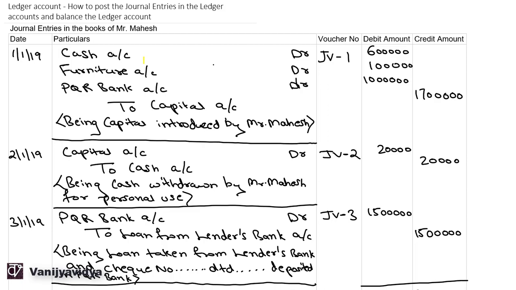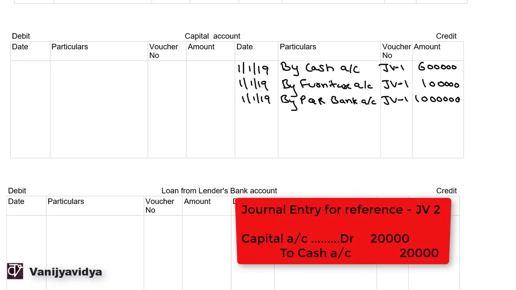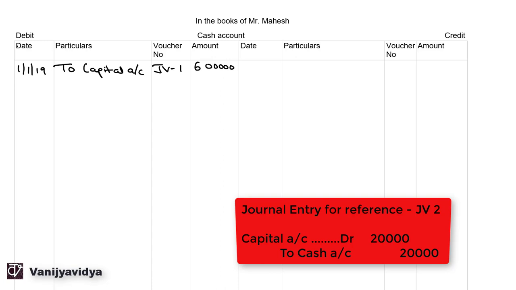Let's post this. 2nd Jan 2019, to cash account, voucher number JV2, and 20,000 is the amount. One more impact on the credit side of the cash account: date is 2nd Jan 2019, by capital account, voucher number JV2, amount is 20,000.